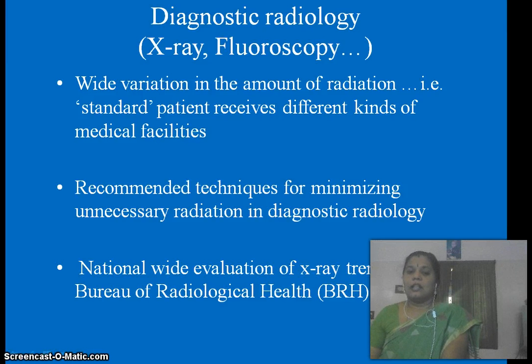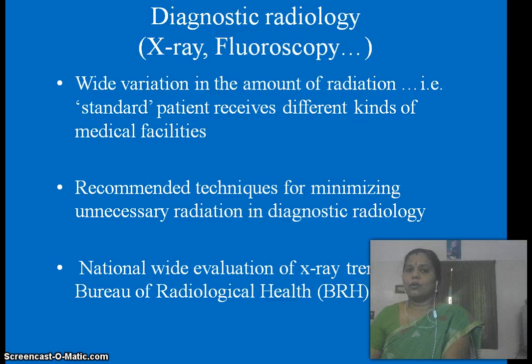This variation was studied by the BRH, the Bureau of Radiological Health, where radiological directors from various countries studied and reported the nationwide evaluation of X-ray trends, and recommended a few techniques or methods to minimize unnecessary radiation in diagnostic radiology.